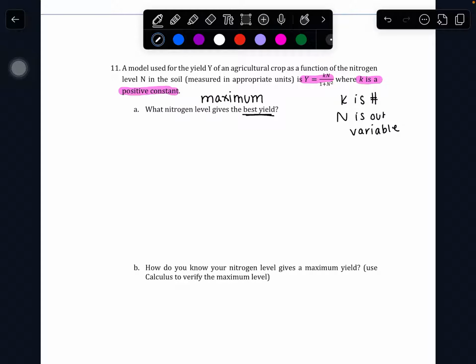How do I find the maximum? I take a derivative, all right? So y is equal to k times n over 1 plus n squared.